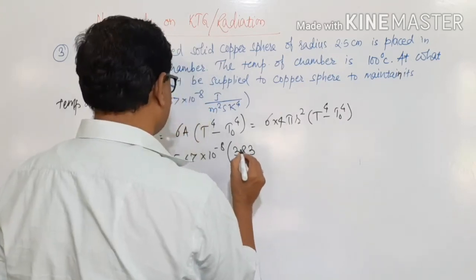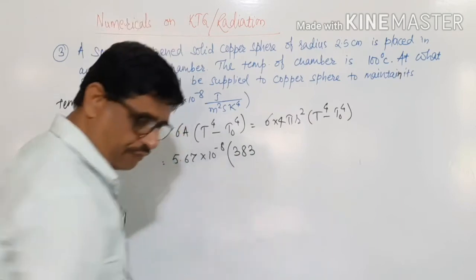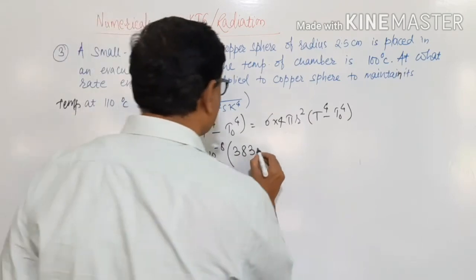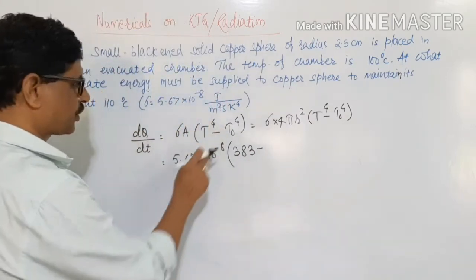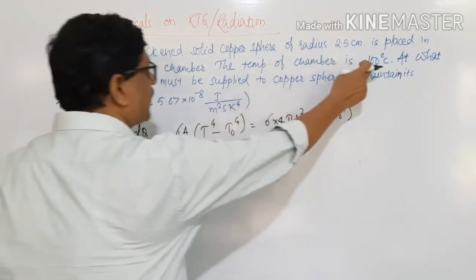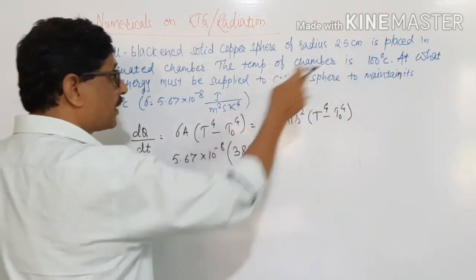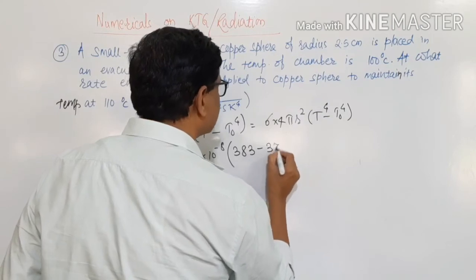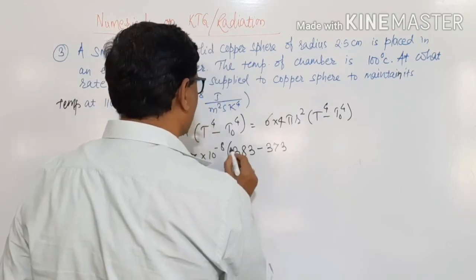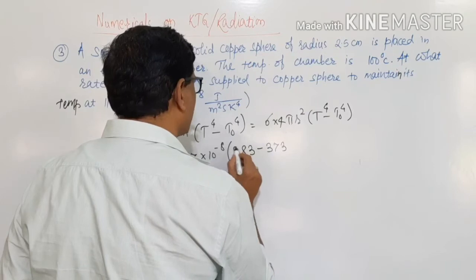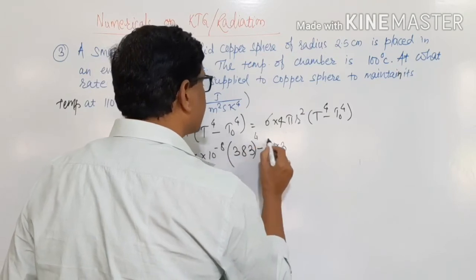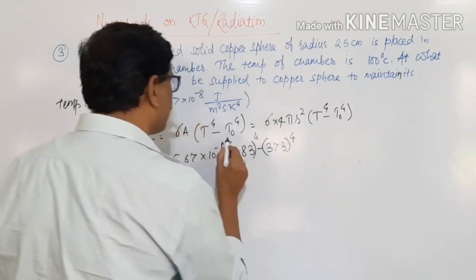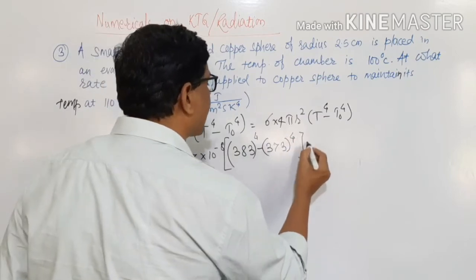This is 383 minus T0, 100 degrees centigrade, 100 plus 273, it is 373. Now this raised to 4 minus this raised to 4, we will write it in a square bracket.